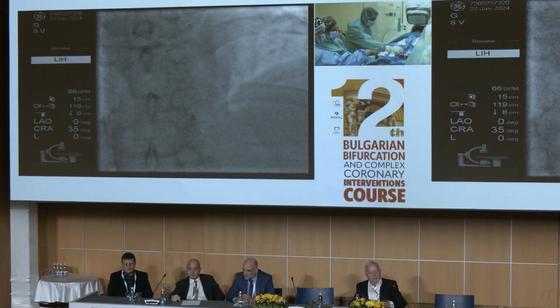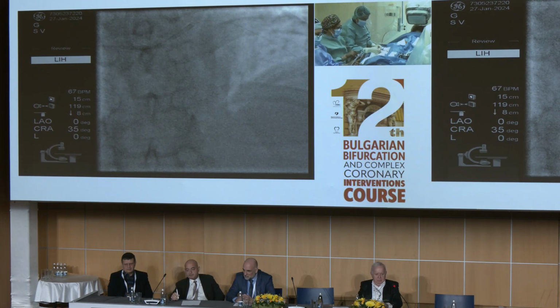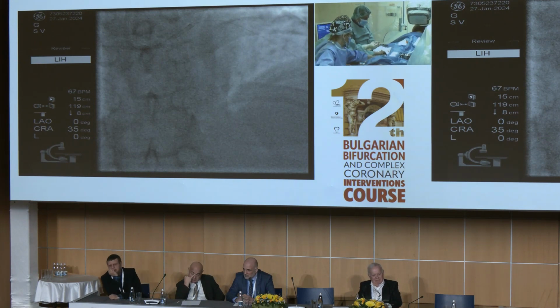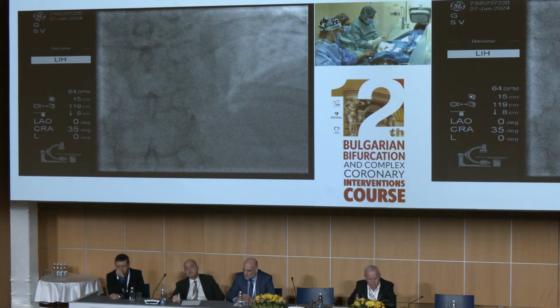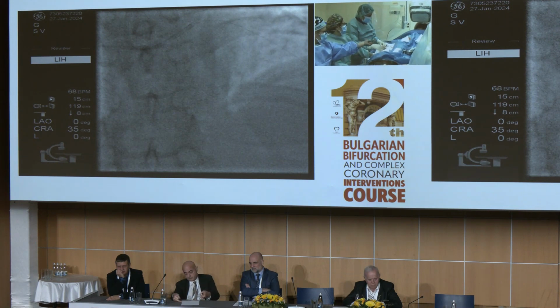In the past, we used IVUS also to decide the severity of stenosis in the LAD, with a cutoff of 4 square millimeters to decide about revascularization. But this strategy is not valid anymore. It has disappeared from the guidelines. It's only valid for the left main, with a different cutoff, 6 square millimeters. And about the decision of revascularization, if we do not have a proof of ischemia, that would be the right approach.